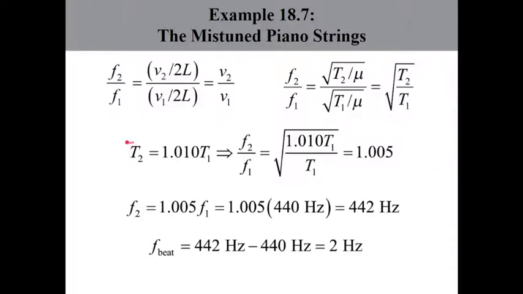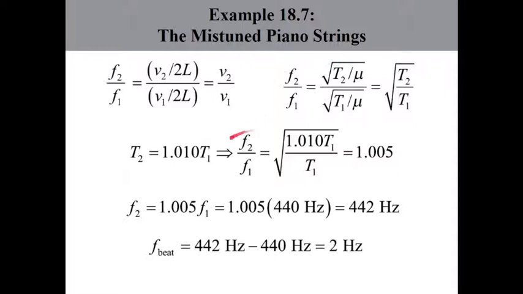If you look at the relationship though, and again, this is two strings, so they're looking at the frequencies of a string that's fixed on both ends, and the relationship it has with the speed of a wave in the medium. The medium being a string, then you can relate that back to the square root of the tension divided by the linear mass density.